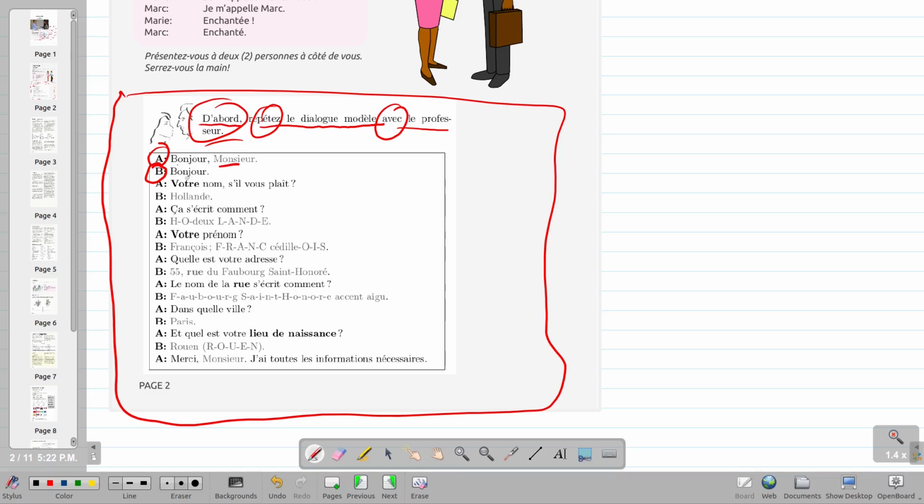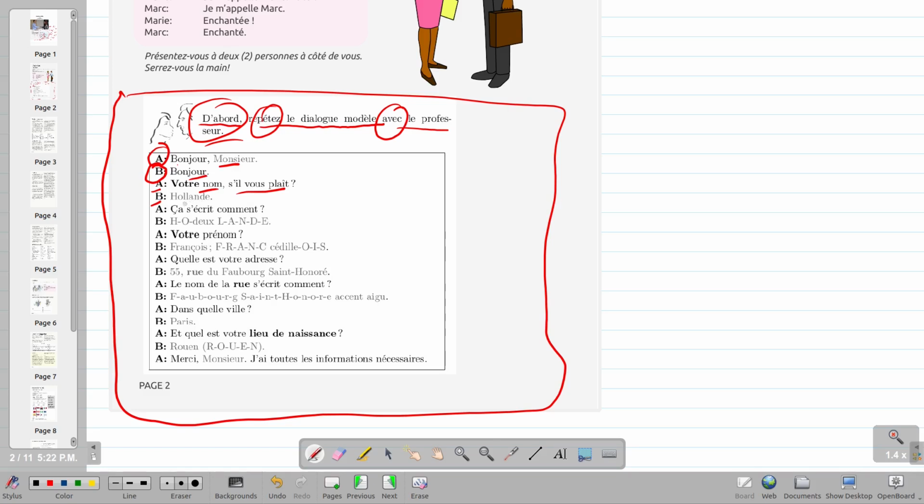B says, bonjour. A says, votre nom s'il vous plaît. You remember how we saw nom to mean your last name, your surname. And your surname, please. Your last name, please. S'il vous plaît, please.